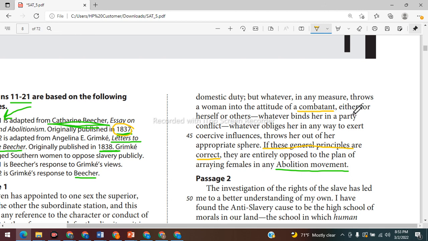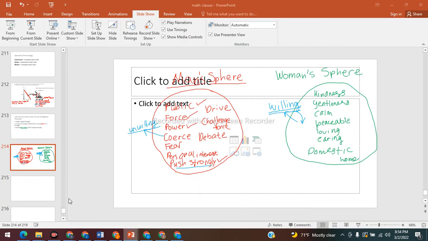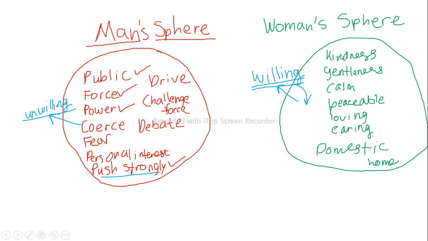Right? Either of herself or others. Whatever binds her in a party of conflict. Whatever obliges her in any way to exert coercive influence, throws her what? What's his word? Throws her out. Out of her appropriate sphere. So what is she saying are the things that could throw a woman out of her circle, out of her sphere?